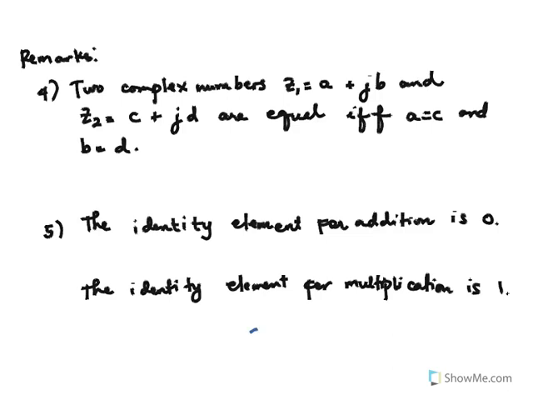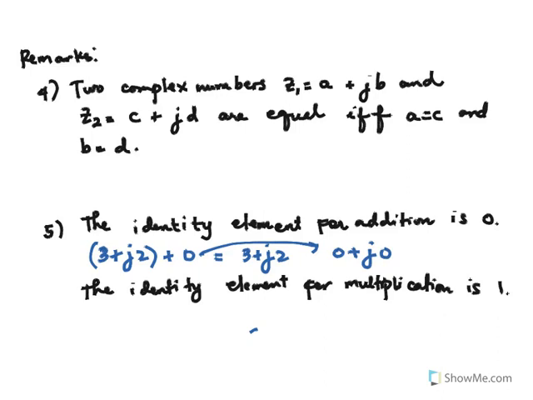So for example, if you have 3 plus j2, and then you add this to 0, okay, the answer is also 3 plus j2. But the 0 that we are talking about here is basically 0 plus j0. Okay?